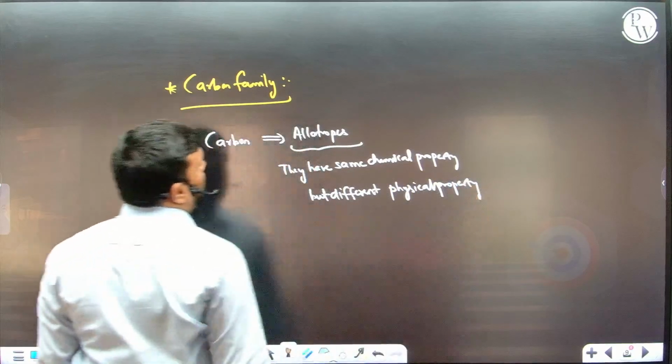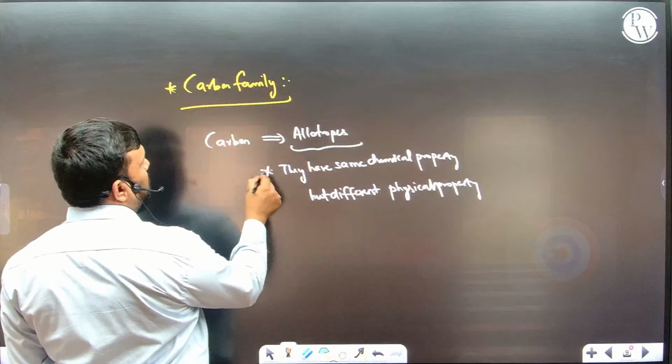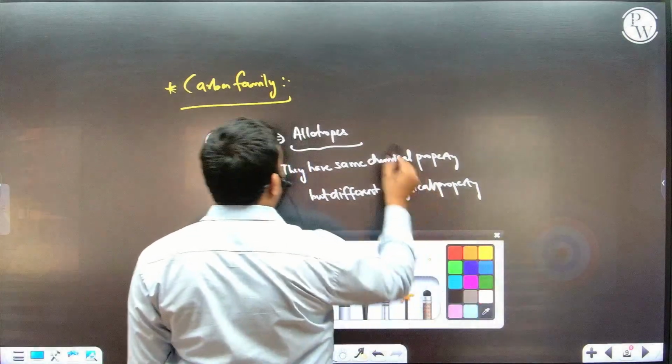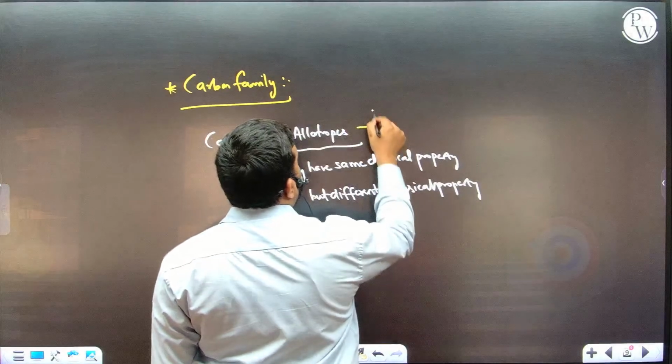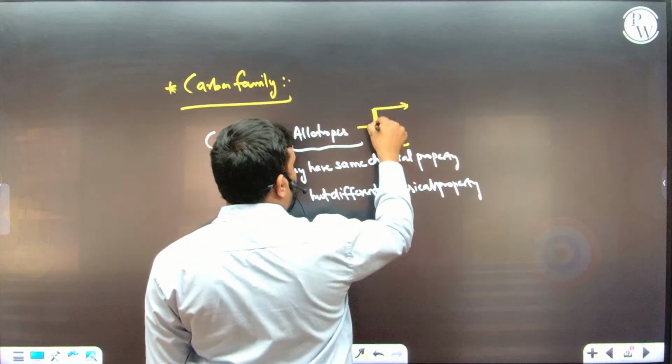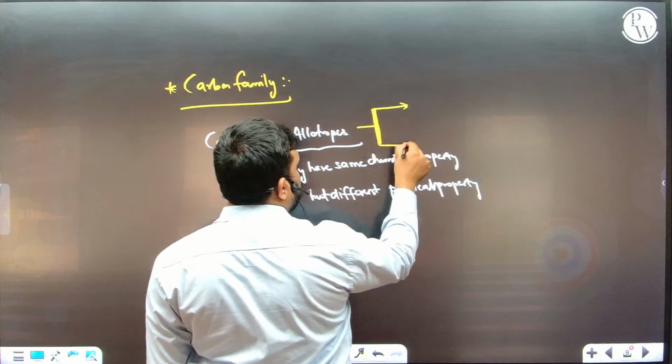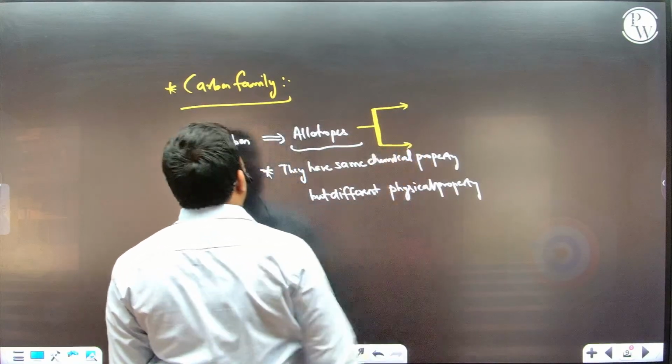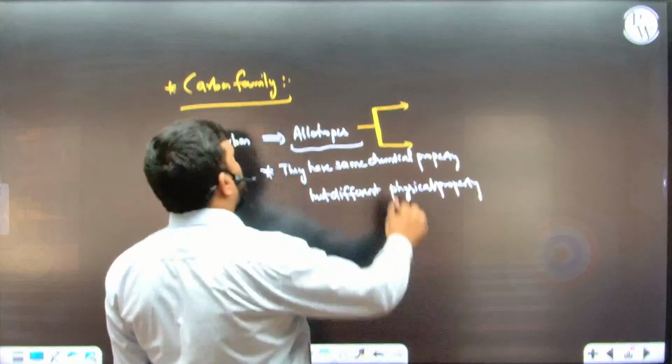Okay, same chemical property but different physical properties. So these allotropes are of two types, as you see in solid state also. Nowadays that is a deleted chapter, but earlier we used to study allotropes.